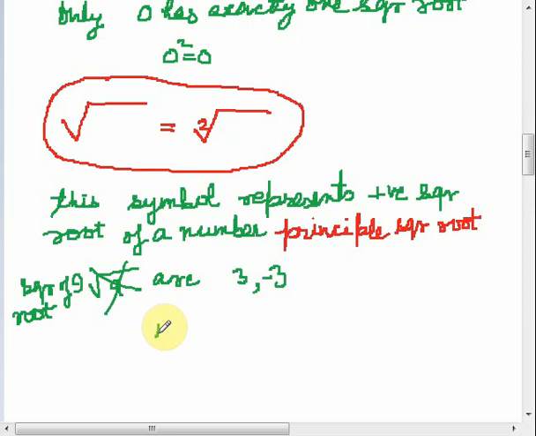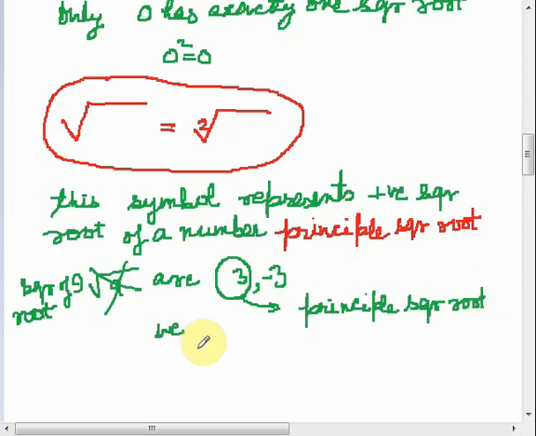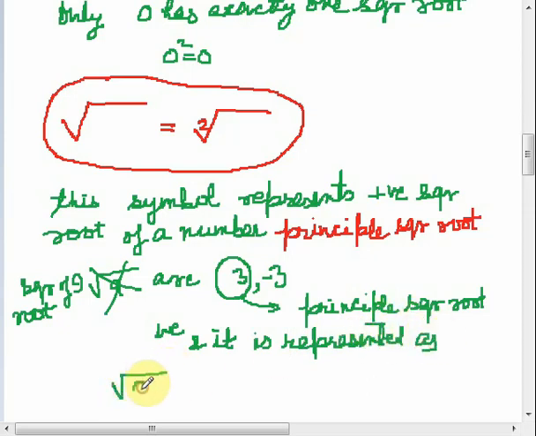So this 3 is called the principal square root, and it is represented as root 9 is equal to 3.